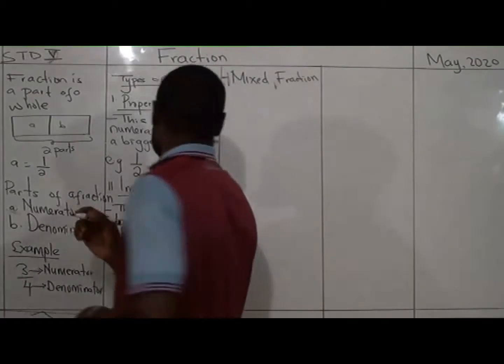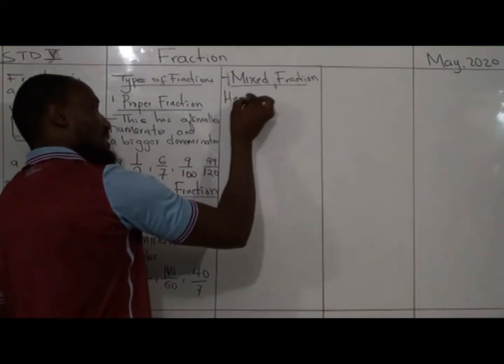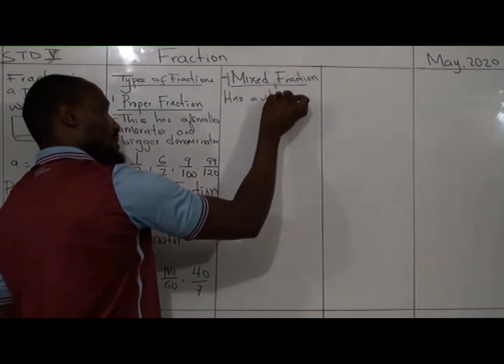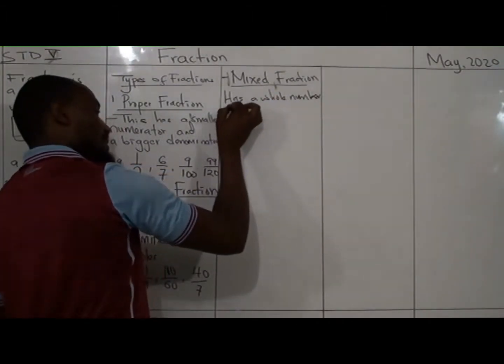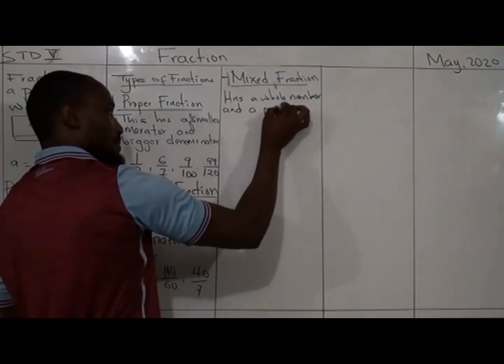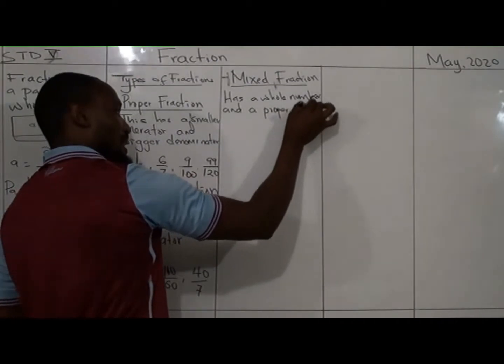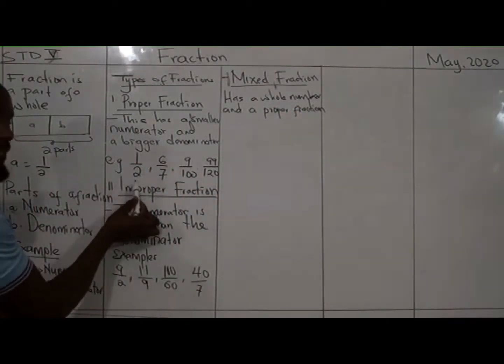It is mixed fraction. Now, this one has a whole number and a proper fraction. Has a whole number and a proper fraction. I know you know what a proper fraction is.